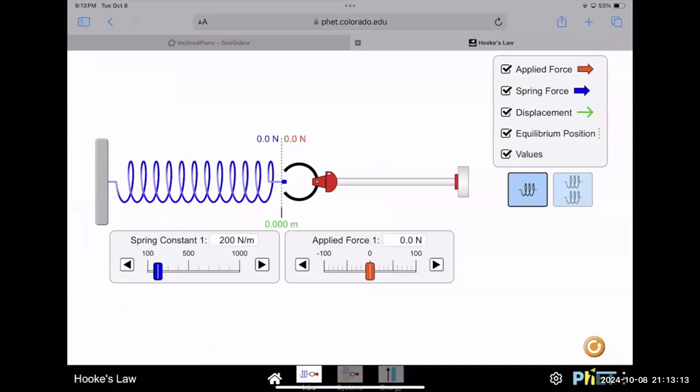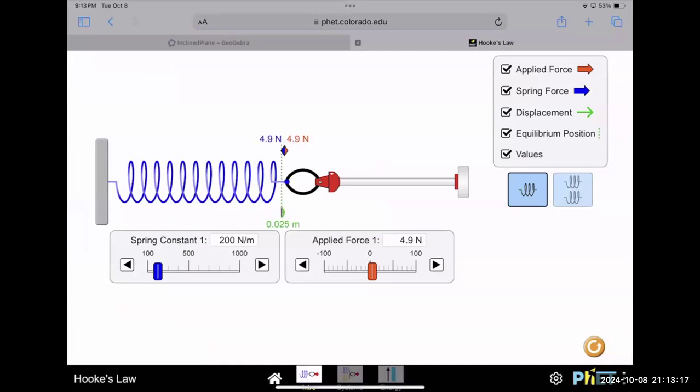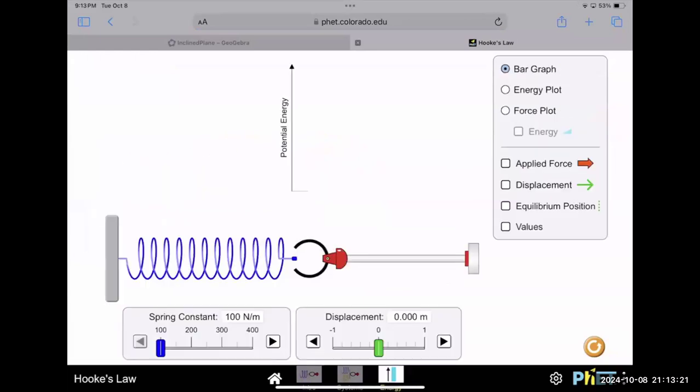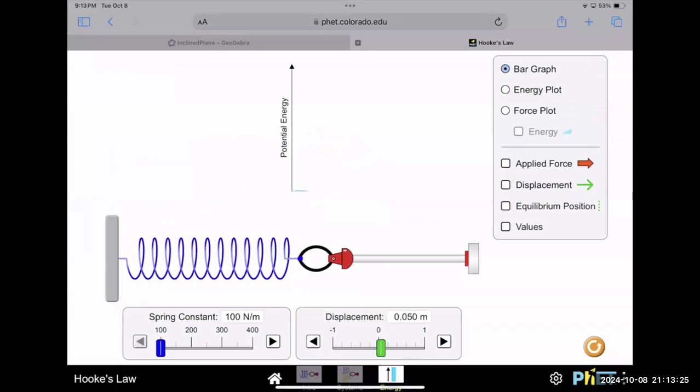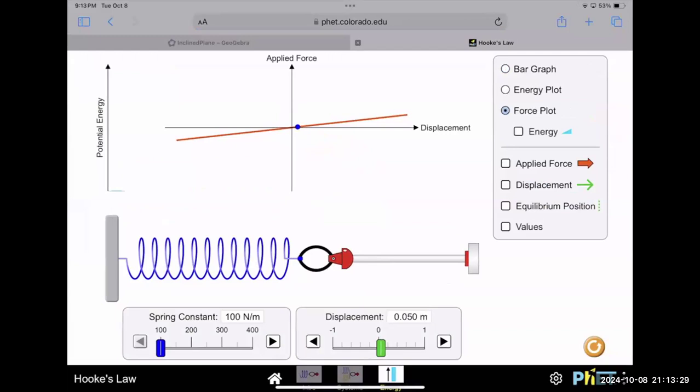And where's the graph? They got rid of the graph? Oh, here it is. Okay. Not the inertia. Force plot. Displacement. Okay, equivalent position values.